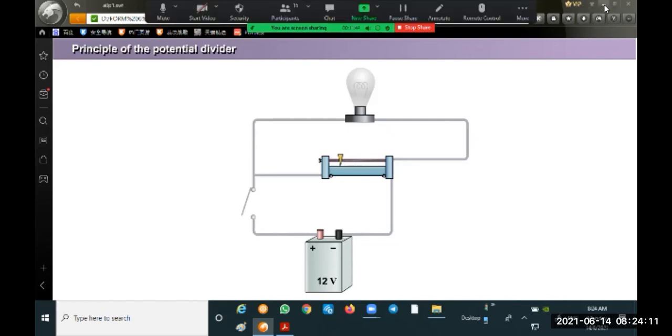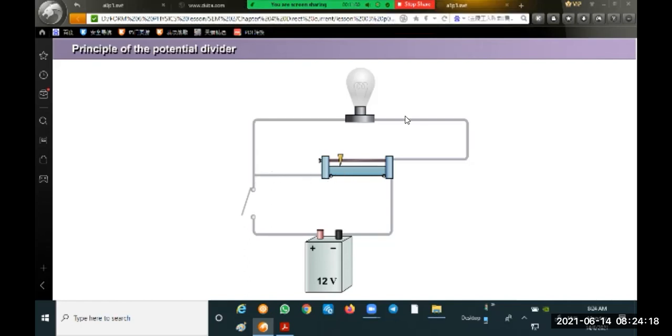Okay, now, if more current flows through the rheostat, that means less current will flow to the bulb, because the bulb and the rheostat are in parallel connection.